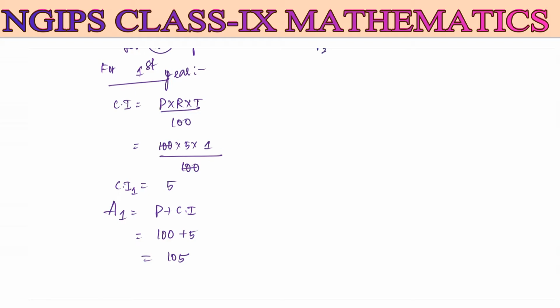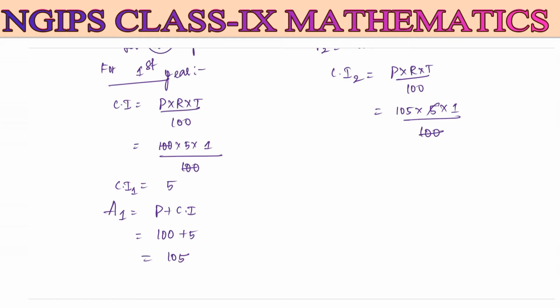So here second year principal is equal to 105 and compound interest for second year is equal to principal into rate into time divided by 100. So here we have the principal 105 into the rate 5 into time period 1 year, divided by 100.